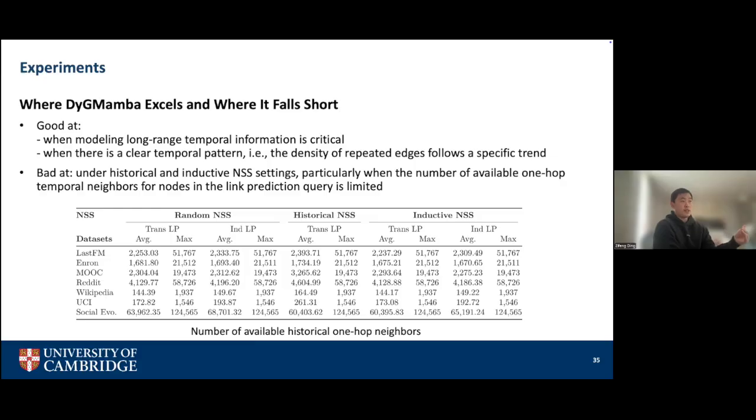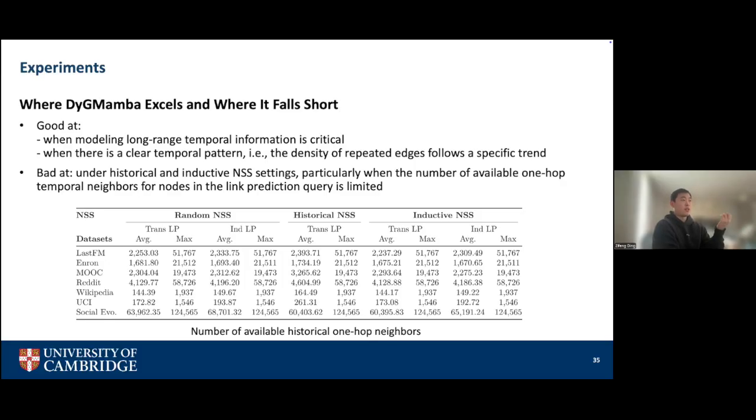We found that under historical and inductive NSS settings, particularly when the number of available one-hop temporal neighbors for nodes in the link prediction query is limited, DyGMamba is not performing very well. So we present here the statistics of the number of available historical one-hop neighbors.